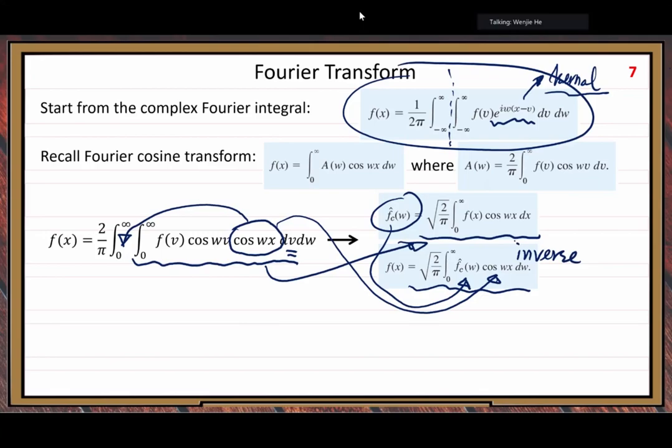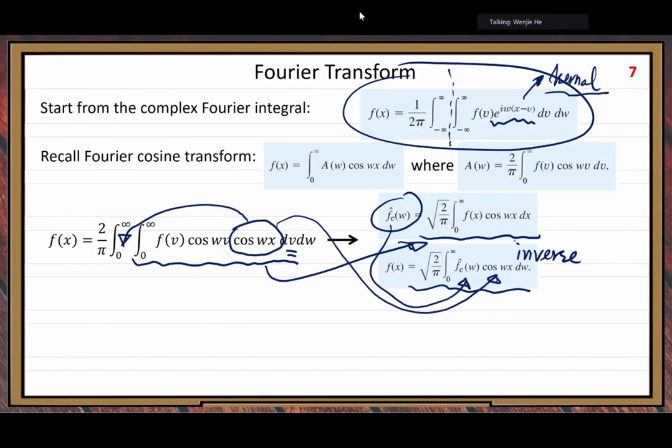That's our understanding from the old formula. Now we want to do the same thing on this new formula. We want to use the same way of understanding to split this double integral, the complex Fourier integral formula.